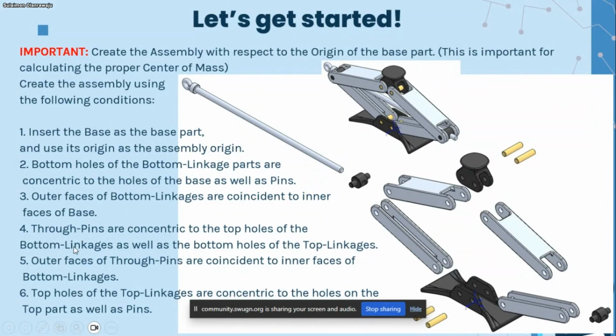So the next thing is the outer faces of the through pins. This is the outer face of the through pin. This side and the other flat side of the through pin are coincident to the inner faces of the bottom linkages.